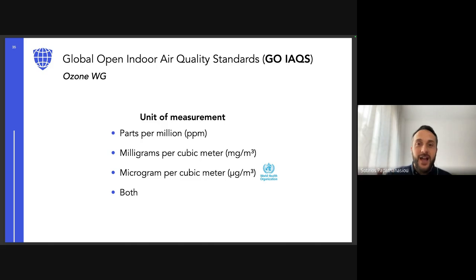So the absolute number is necessary in those cases, but in everyday measurements for buildings, the absolute number is not so relevant, in my opinion.